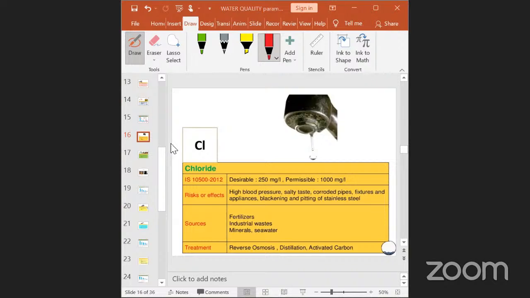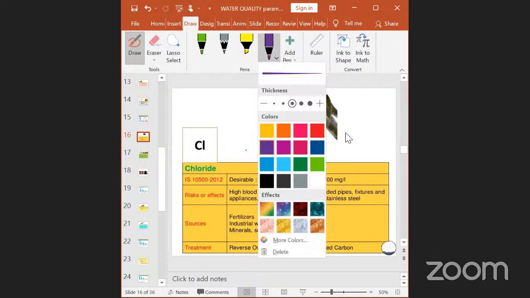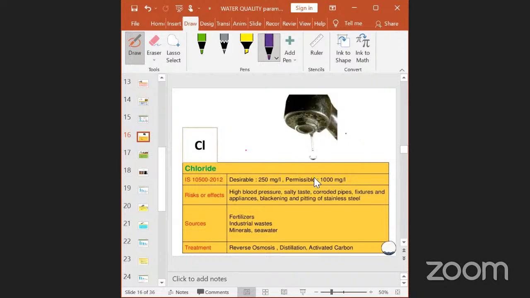So, chlorides. Chlorides occur naturally in the water, streams and lakes. They may enter into the surface water from several sources, including chloride containing rock, agricultural runoff and also wastewater.